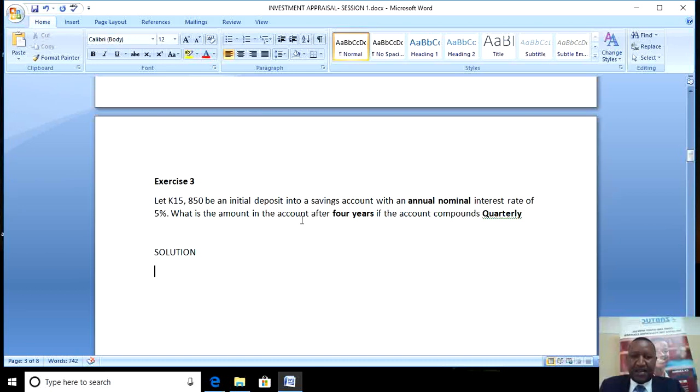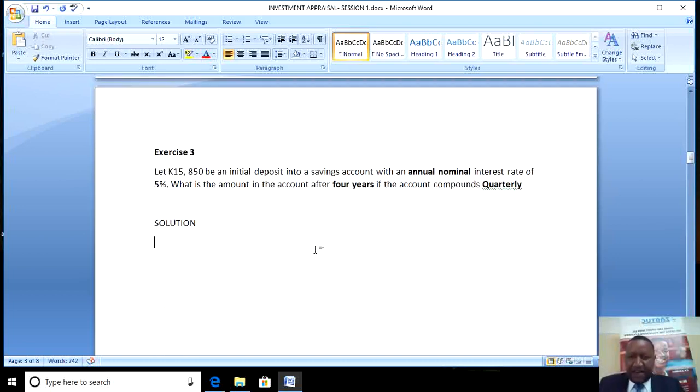What's the amount in the account after 4 years if interest is compounded quarterly? Let's identify the variables. We have the PV, which is 15,850.